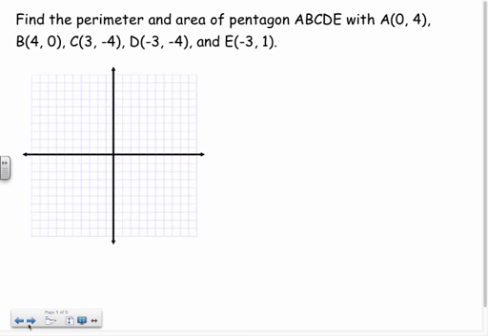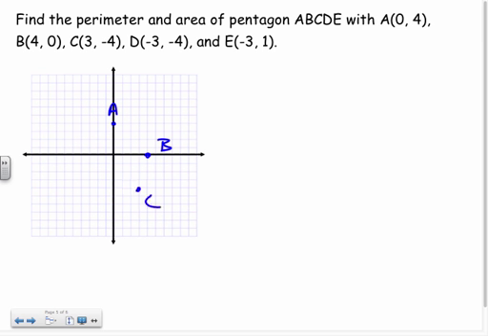And lastly, it says find the perimeter and area of Pentagon ABCDE with the following coordinates. Well, first things first, let's go ahead and graph this. That might help us. 0, 4. So 2, 4. That's A. And then I got 4, 0. That's B. 3, negative 4.